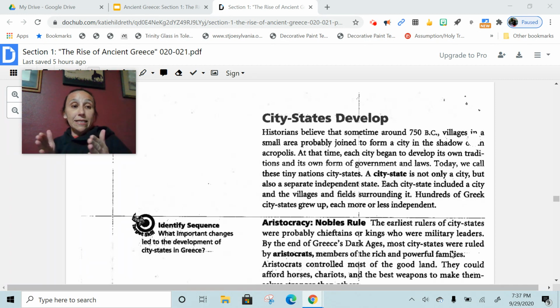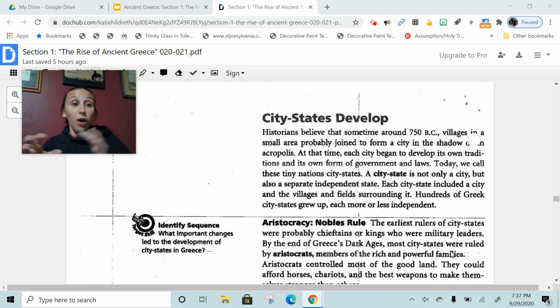So, guys and ladies, this is another subsection. I'm going to give you a freebie here: I would make sure that you mention that a city-state included a city, villages, and the fields surrounding it. I think that's really important. And here's another clue for you if you watch the video: each developed its own traditions, form of government, and laws.